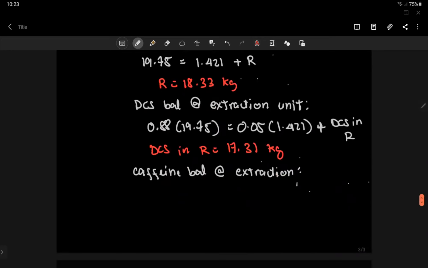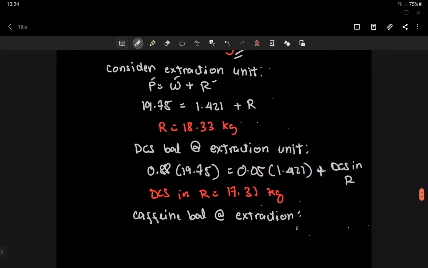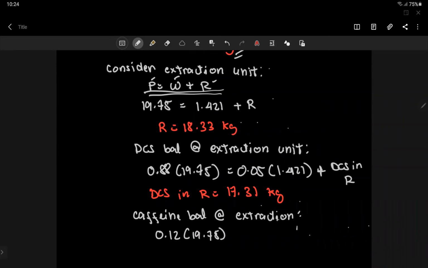Okay, so ilan ba yung caffeine sa, diba, remember, ito yung ating extraction balance overall. Ilan yung caffeine sa P? Eh, di ba 12%? Kasi 88% yung solvent eh. So 0.12 of P, and P again is 19.75, right? Equals caffeine in W. Eh, 5% kanina yung DCS, so 95% yung caffeine.